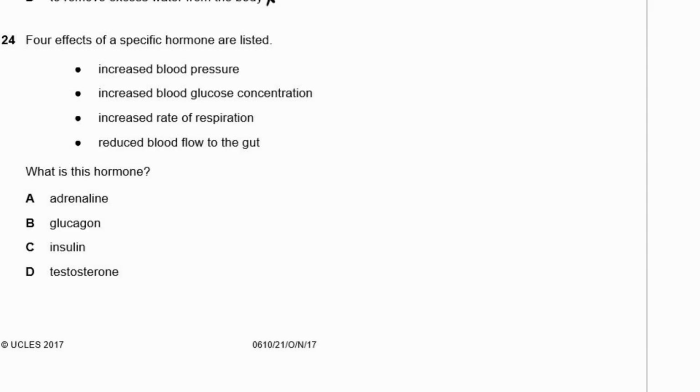Question 24. Four effects of a specific hormone are listed. And what is this hormone? Okay, so let's look at it. Increase in blood pressure, increase in blood glucose concentration, increase in the rate of respiration, reduced blood flow to the gut. This looks like the sort of response you get if you were scared. It's a fight or flight response.